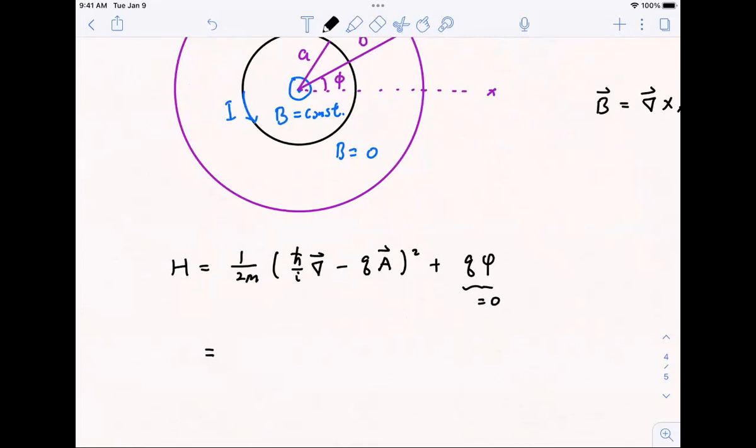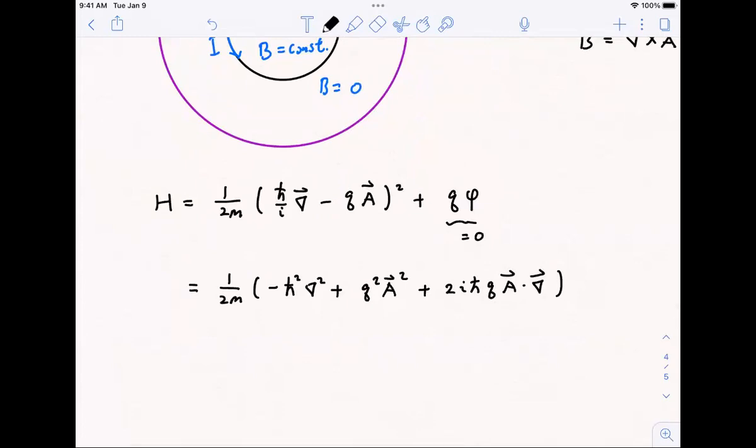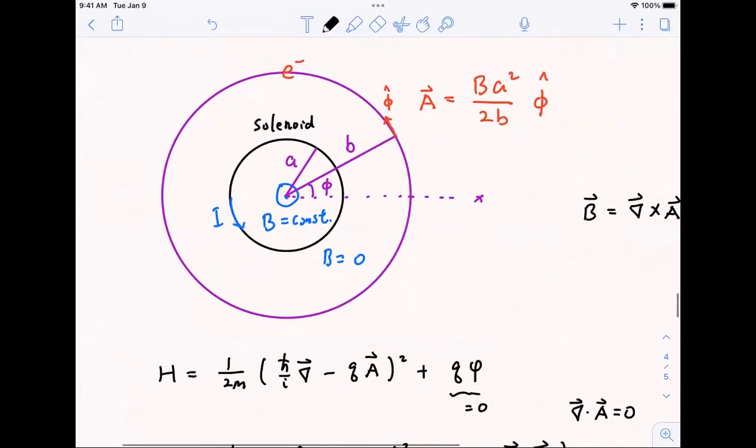After you expand it, you get something like this: q squared, and then 2i h bar q A dot gradient. Here we make use of the fact that the divergence of A is 0.